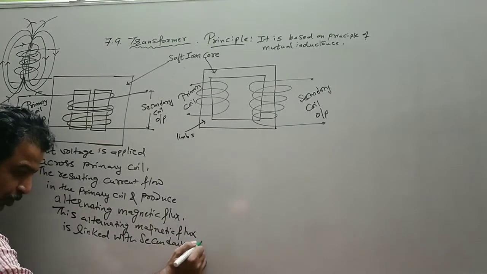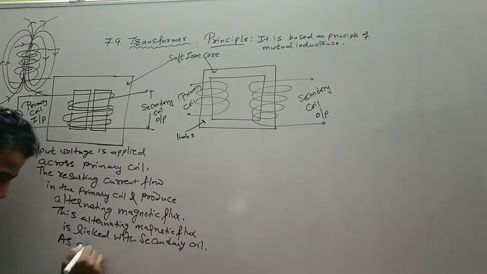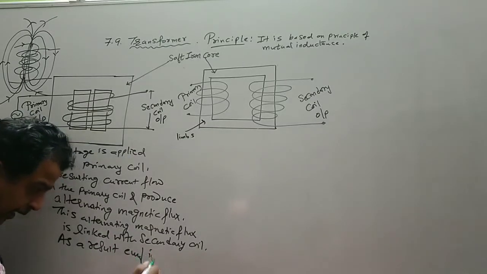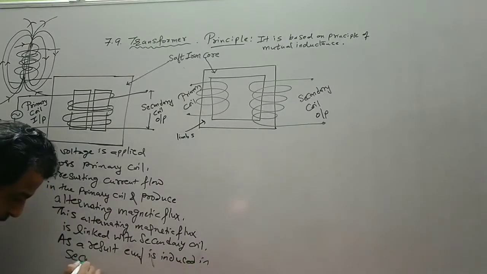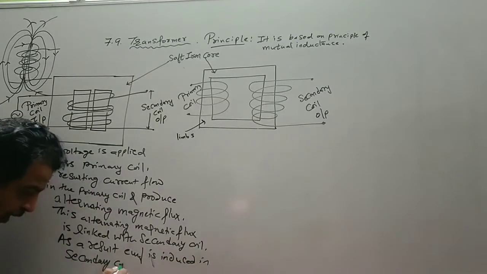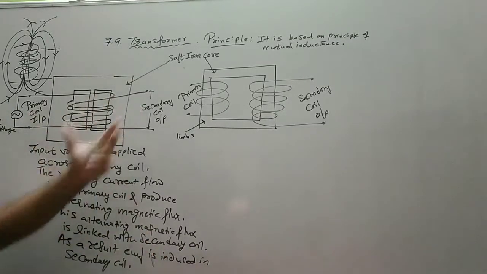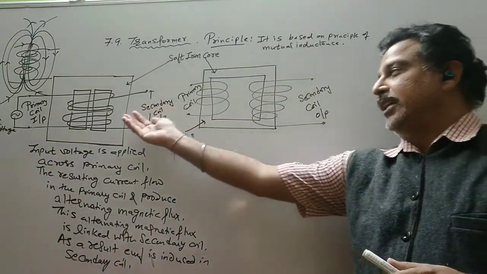So we assume there is no loss and all the field lines pass through the secondary coil. As a result, EMF is induced in the secondary coil.